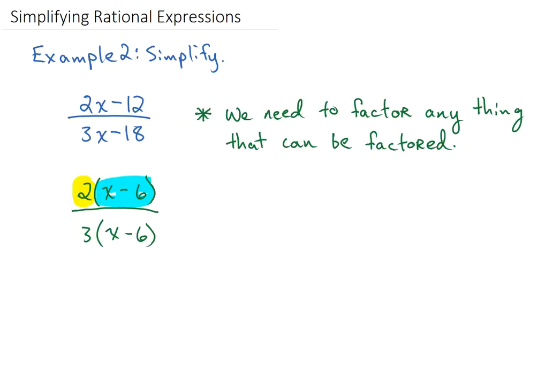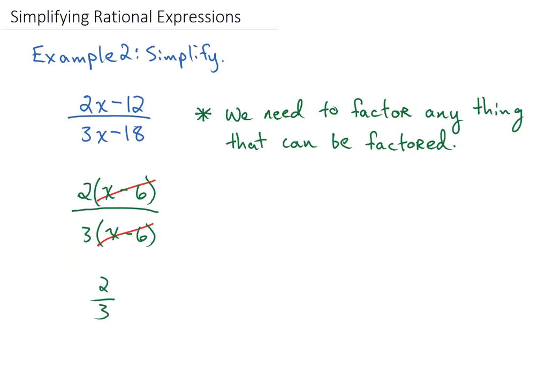Similarly, in the denominator, 3 is a factor and the quantity x minus 6 is a factor, so I can cancel or reduce those pieces. In this case, the x minus 6 divided by x minus 6 is a 1, and so those will cancel out, leaving me with 2/3 as my simplified expression.